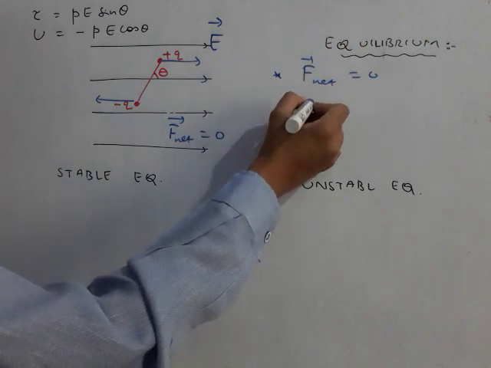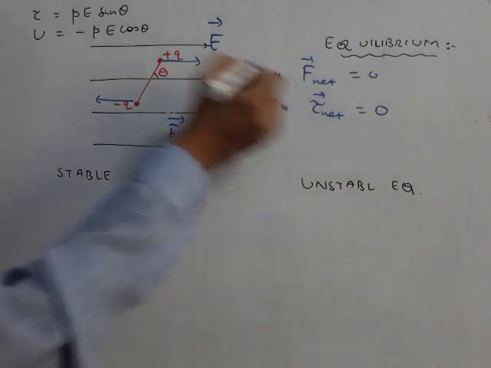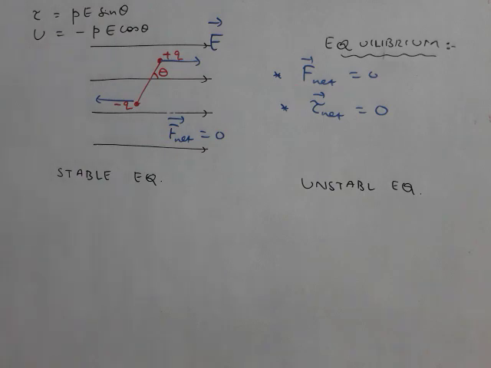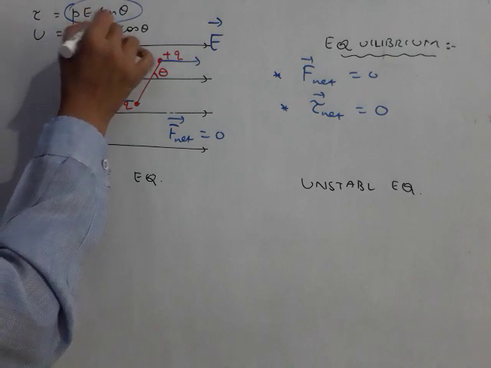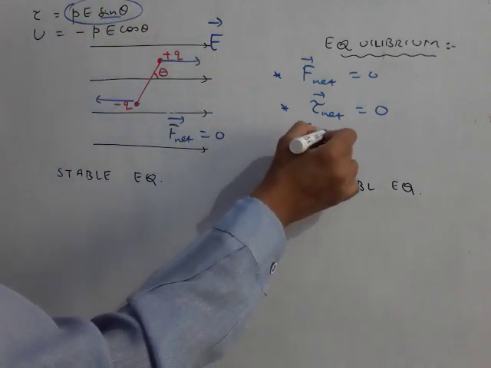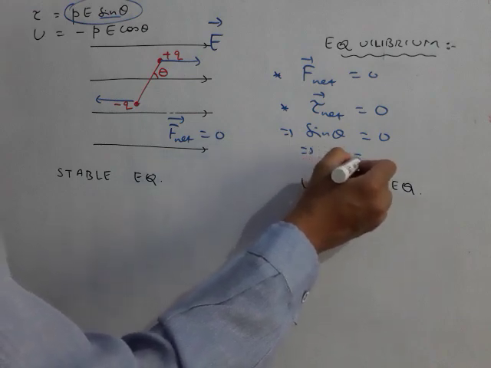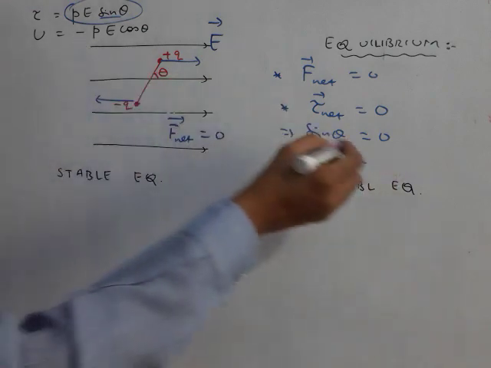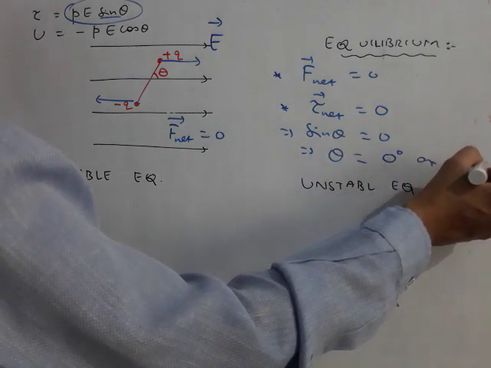Then for equilibrium we should also have net torque to be 0, but torque is given by the formula P times E times sin theta. So net torque will be 0 if this factor, that is sin theta, is 0. And when will sin theta be 0? Sin theta will be 0 when theta is either 0 degree or 180 degrees.